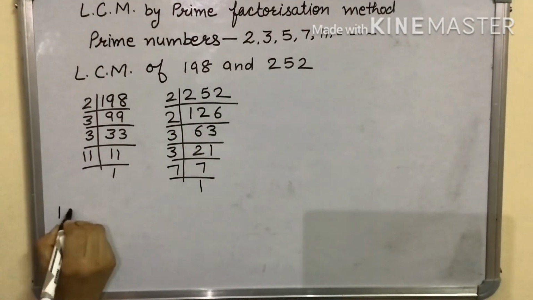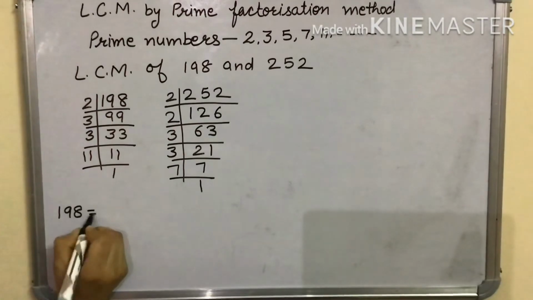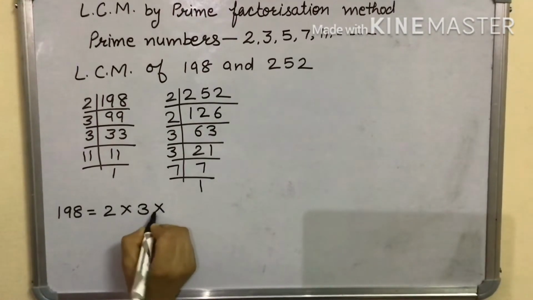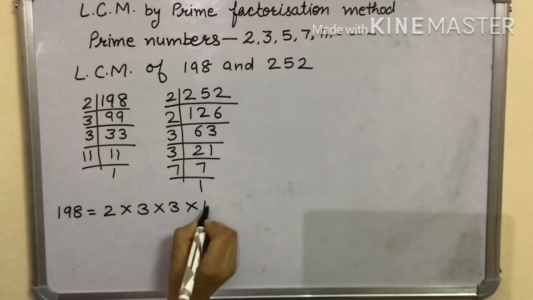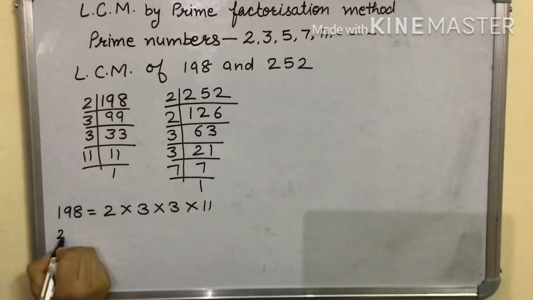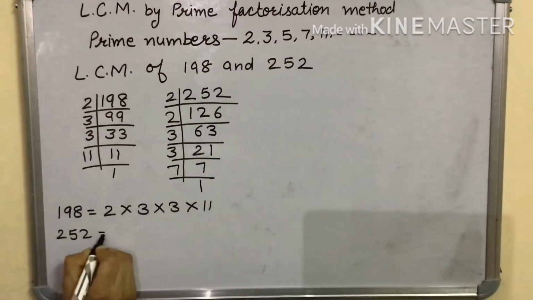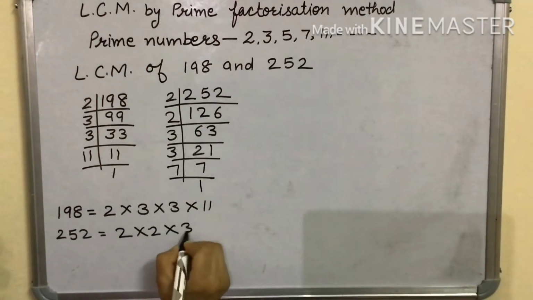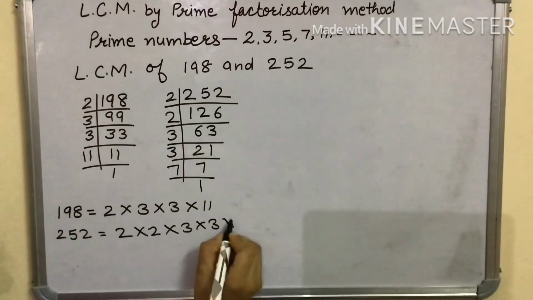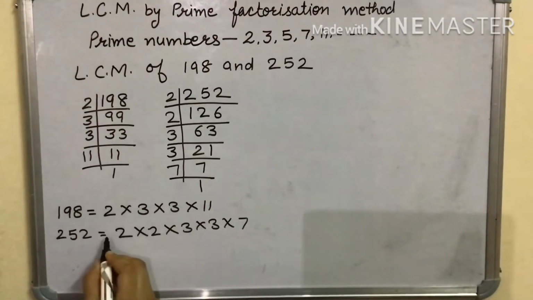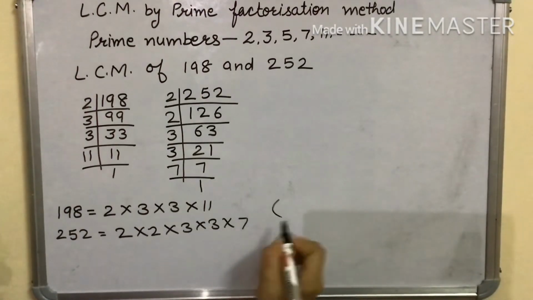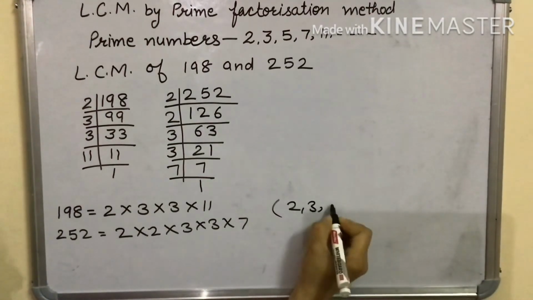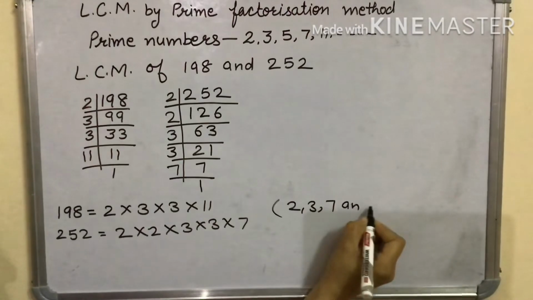Now 198 is equal to 2 into 3 into 3 into 11, and 252 is equal to 2 into 2 into 3 into 3 into 7. Here the prime factors used are 2, 3, 7 and 11.